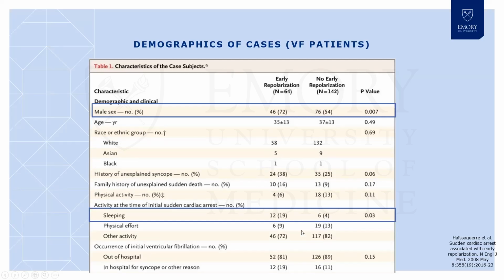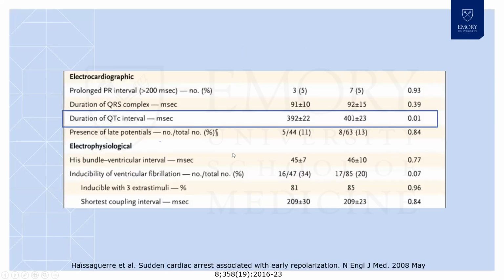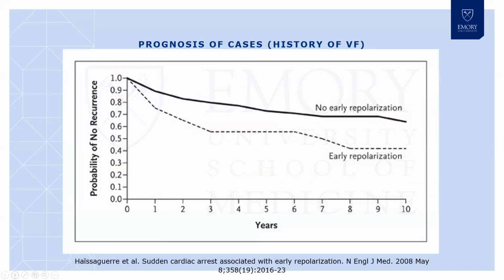But we see that other activity, meaning normal day-to-day life, was the most common activity before VFib in both types of patients. Also, the QT interval was potentially a little bit shorter in the patients with early repolarization, but both are normal, and it's not a very impressive difference. So mostly very similar cohorts.